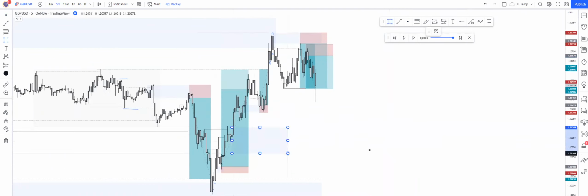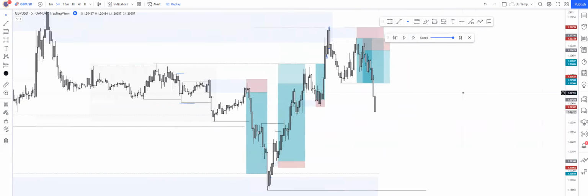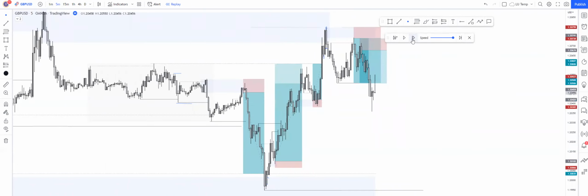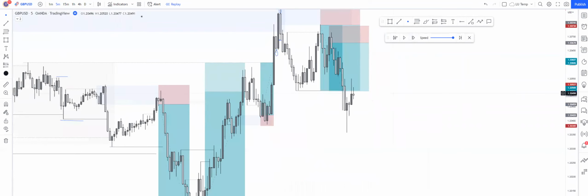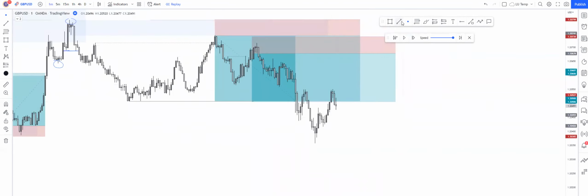You can expect a rush from here. Yeah, there we go. We're gonna get a retracement. So I would take this if it takes out.